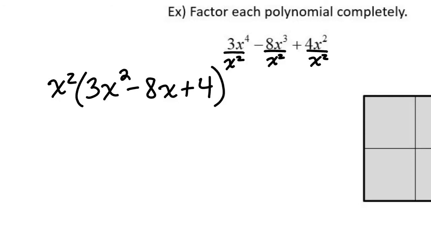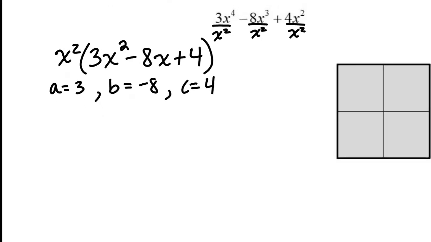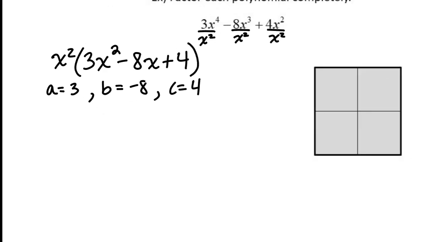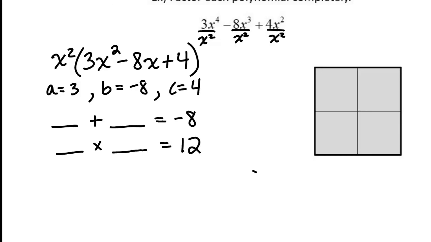Okay. All right, then our A, B, and C. A is 3. B is negative 8. And C is positive 4. So let's look at our product and sum. What do the two values have to add up to? Negative 8. And what do they have to multiply to? 12. 3 times 4 is 12. Good. A times C gives you the value they have to multiply to.